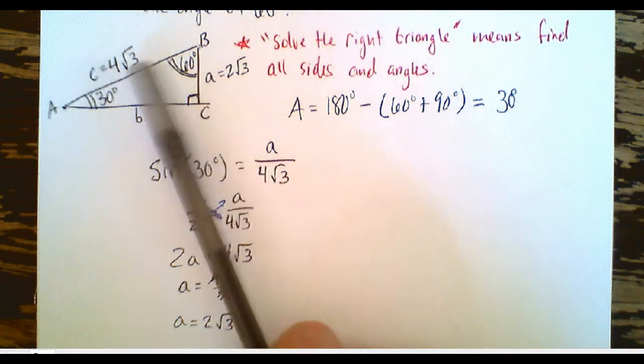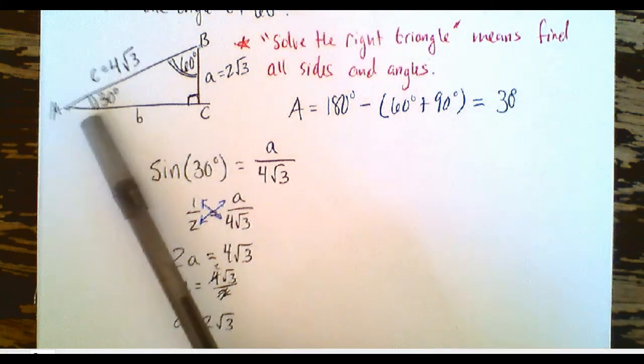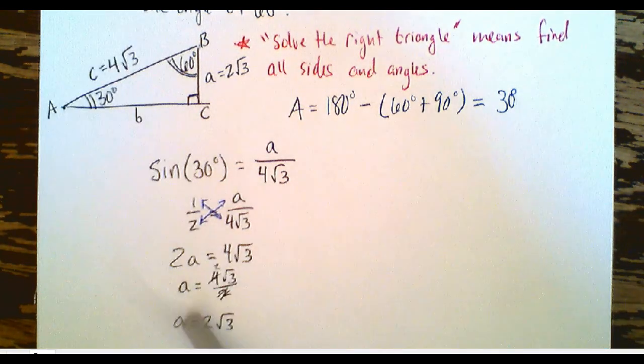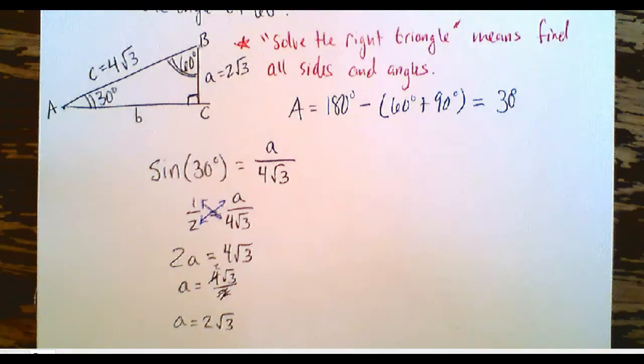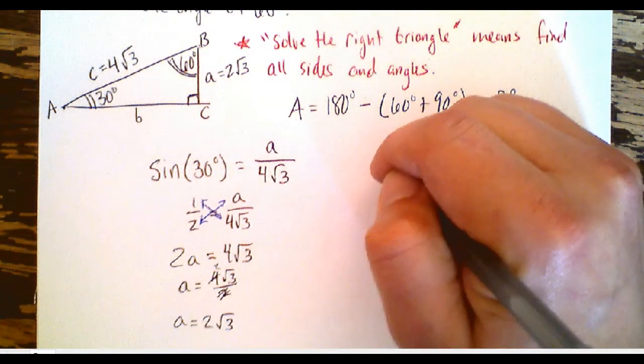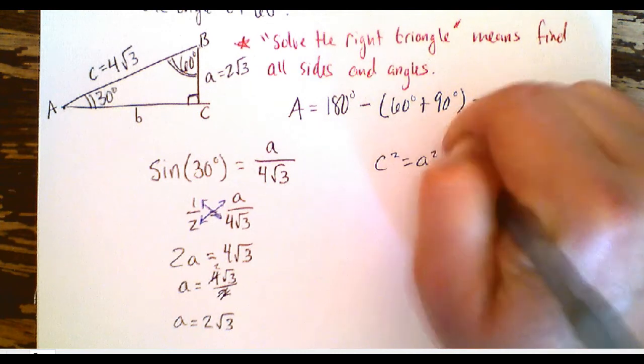To find B, we can do that process again, maybe use a different trig function, or since we know two sides of the triangle, we can simply use the Pythagorean theorem to get it. So to find B, let's do c squared equals a squared plus b squared.